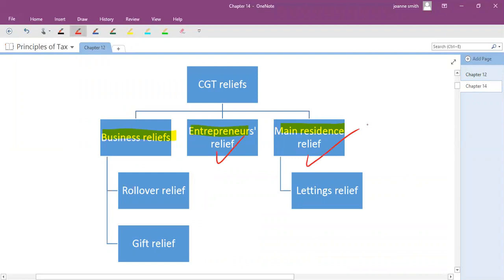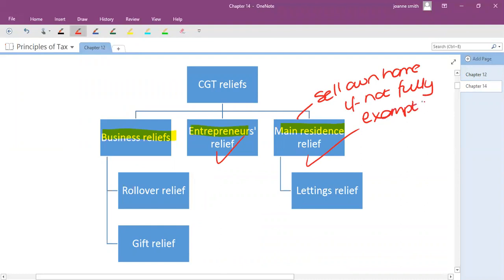So we're going to look at what sort of things attract entrepreneurs relief, and then secondly, we're going to look at the main residence relief. So this is when you sell your own home, but your home is not exempt. So you should remember from the previous chapter that if you've got your main residence and you've always lived there with your family as your main home, then it will be fully exempt.